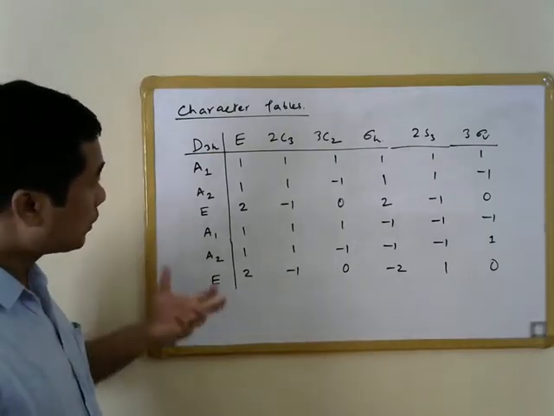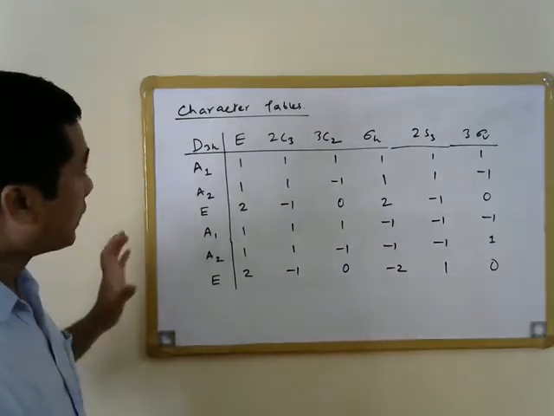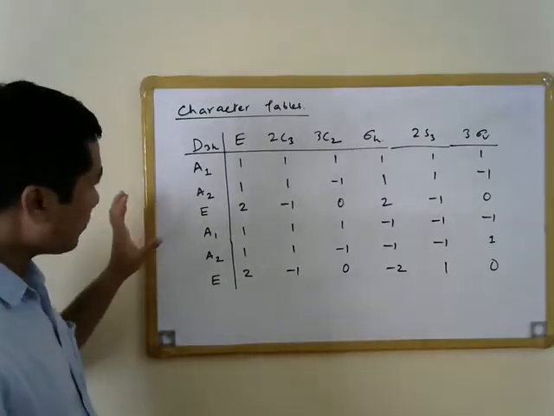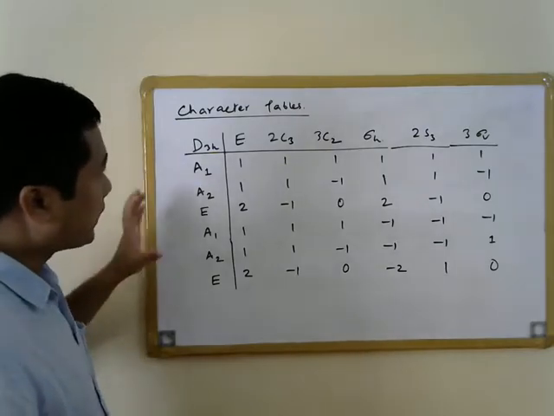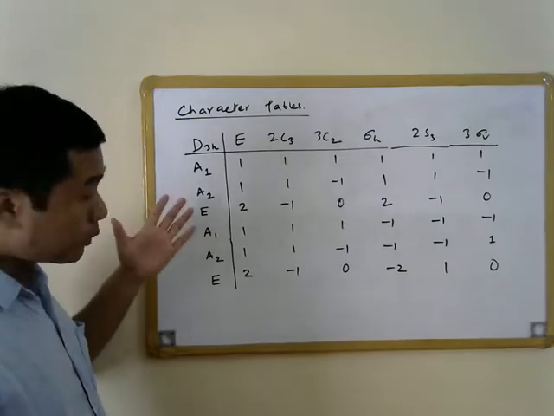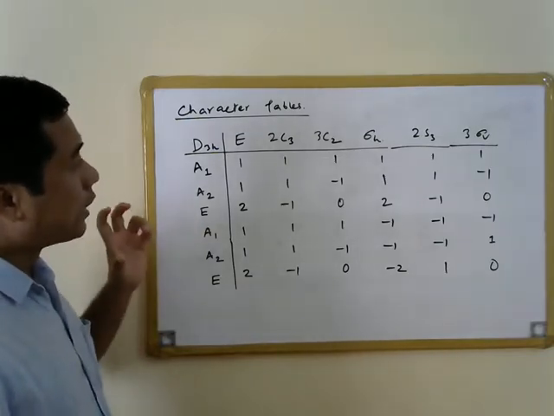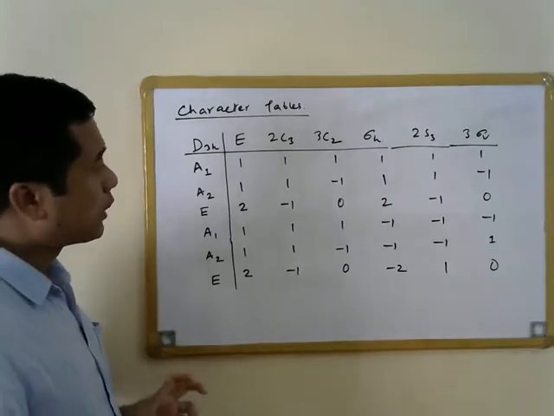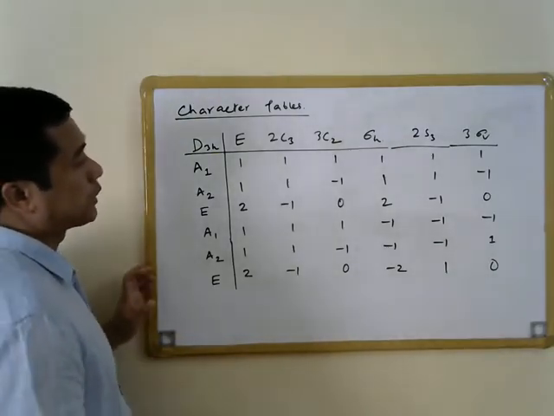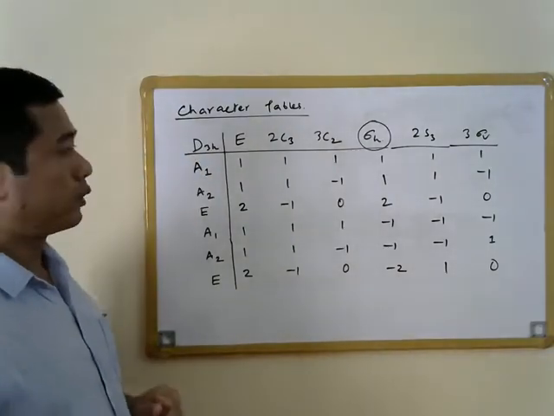So we need to use another rule for writing the Mulliken symbols, and this particular rule says that you can write a prime or double prime as a superscript on the Mulliken symbol by looking at whether the representation is symmetric or anti-symmetric with respect to the sigma h which is present in the D3h point group.